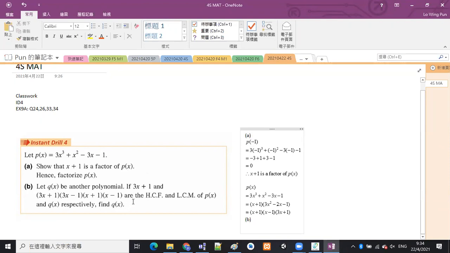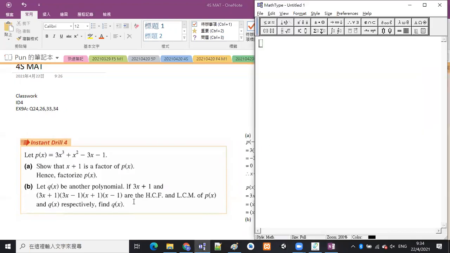Then we can set up an equation like this: P(x) times Q(x) is equal to the HCF times the LCM. The product of the two original polynomials should be equal to the product of their HCF and their LCM.